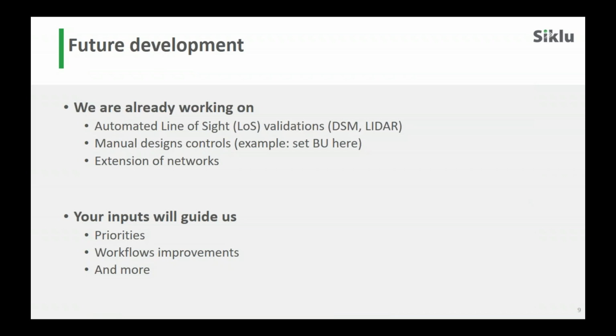Is this tool complete? We do not assume that we are complete. We are working on a number of improvements in the tool, such as doing some more automation work on the line of sight validation, utilizing digital surface models or LiDAR data, allowing you to decide maybe where you want the base units to be located, creating extensions of networks.